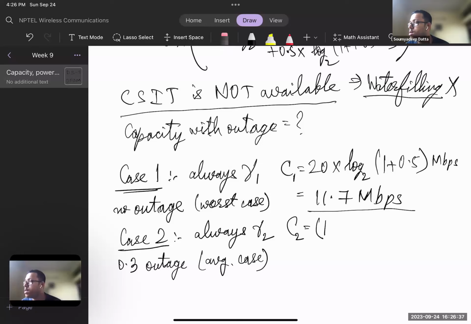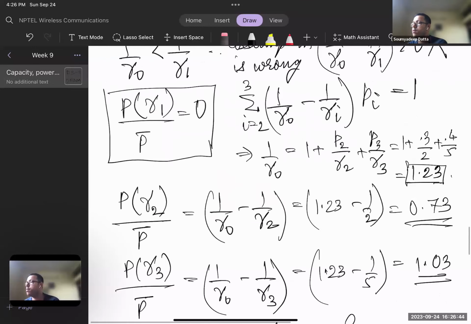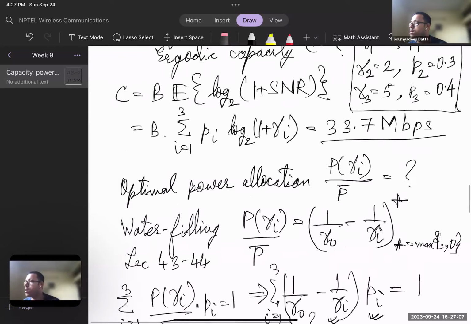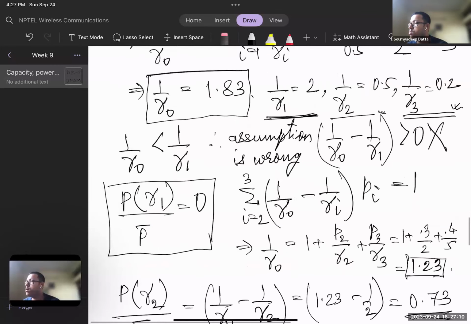You have to multiply the outage probability factor, because 30% of the time you are not transmitting. So that is how you are designing your system. It's not like you won't be transmitting, it's more like at the receiver end you won't be receiving if your received SNR is gamma 1. You are just leaving it for the time being.